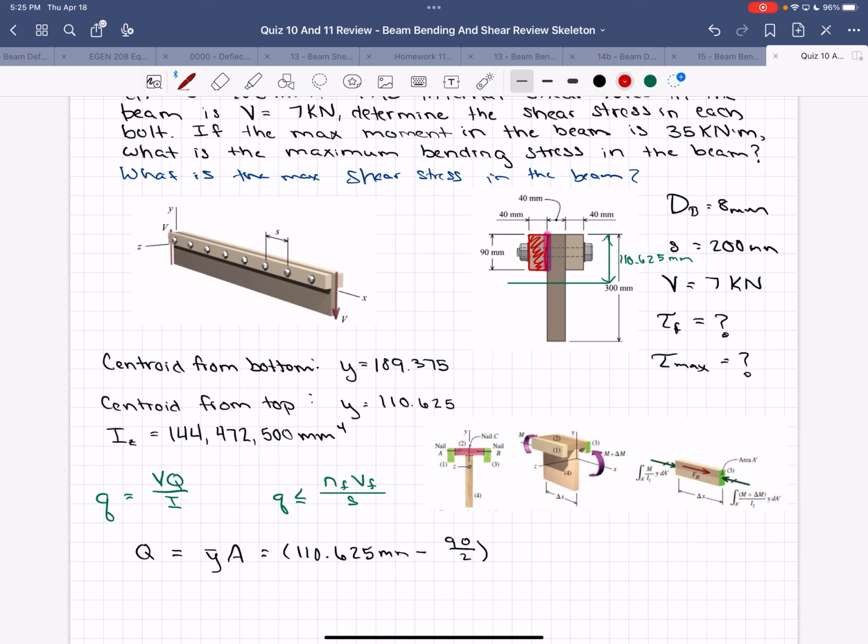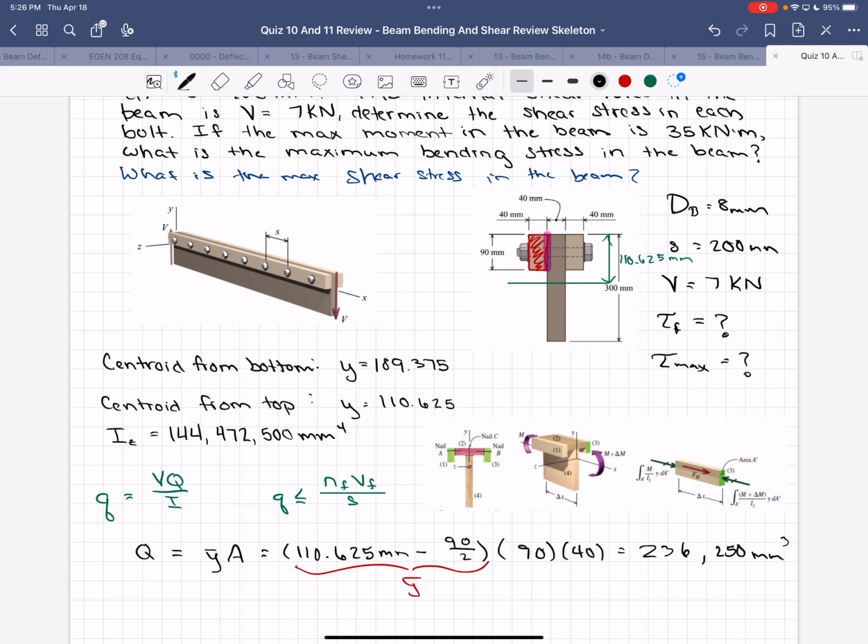That's y bar times the area. The area is 90 times 40. All right, what do we get? We get 236,250 millimeters cubed.